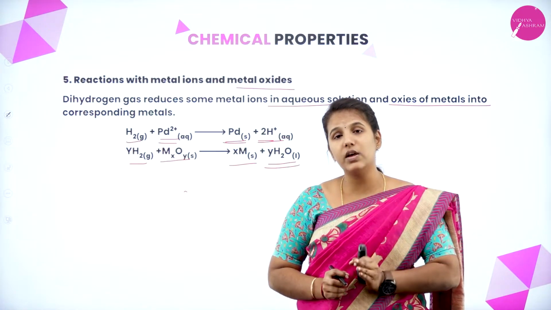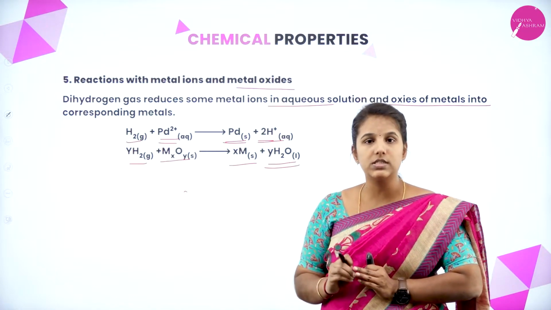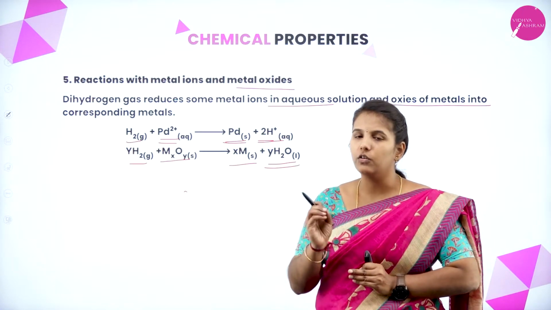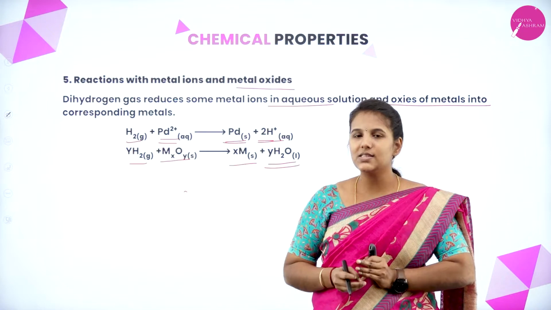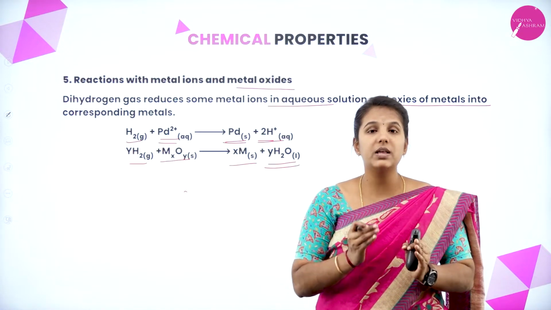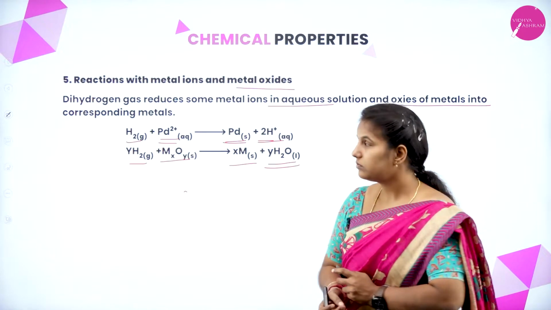When it is reacting with metal oxide, it reduces the metal oxide into metal, which exists in a solid state, with the formation of water molecule. This is how our dihydrogen can react differently with the metal oxide as well as with a metal ion.